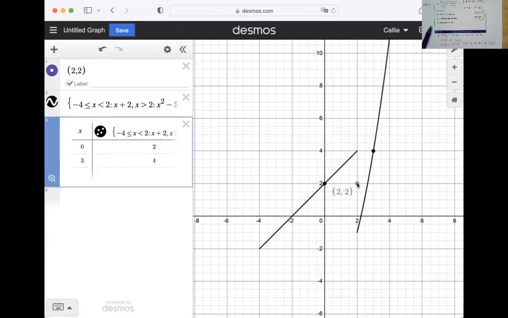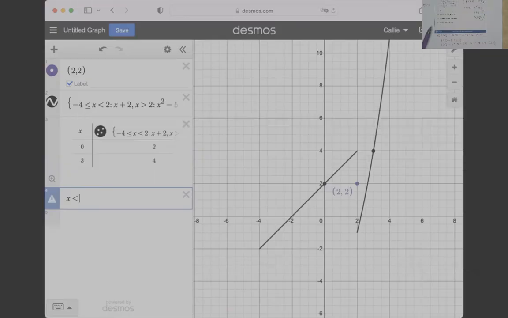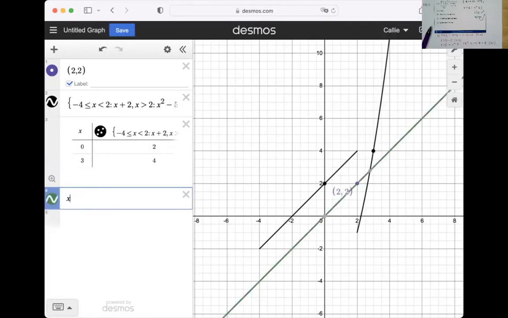Okay, so that was finding f of 0, f of 2, and f of 3 either on Desmos or algebraically. Find the domain and range. What is the domain and what is the range? It's not negative infinity to positive infinity, right? On x, it's going to be between -4, right? X is greater than, but it does say greater than or equal to, right?